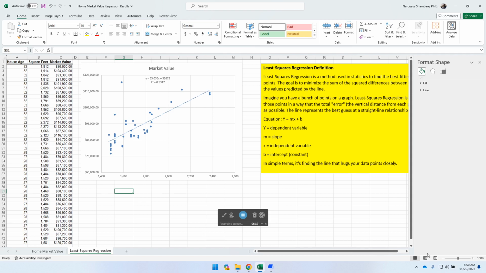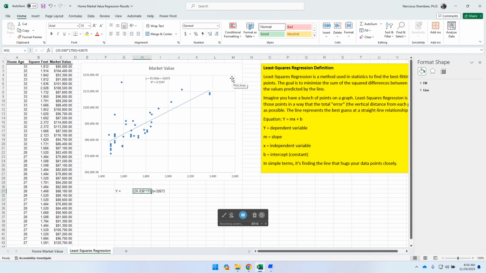So all we can do is say Y is equal to 35.036, which is our slope, multiplied by the square footage, (1,750), plus our intercept, which is 32,673.